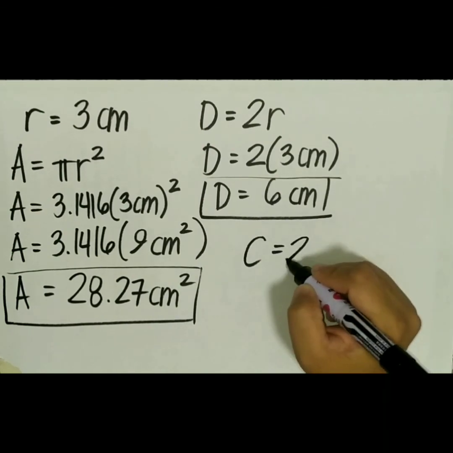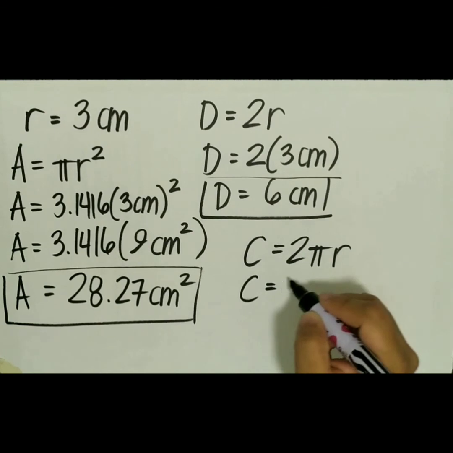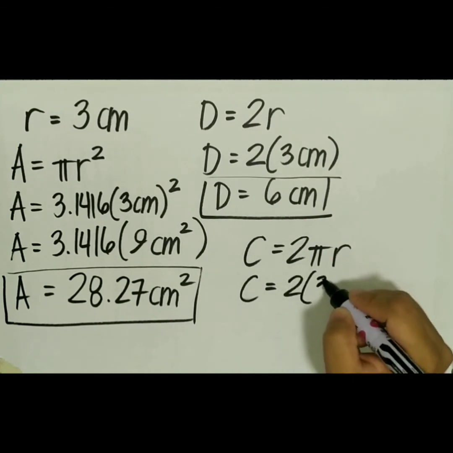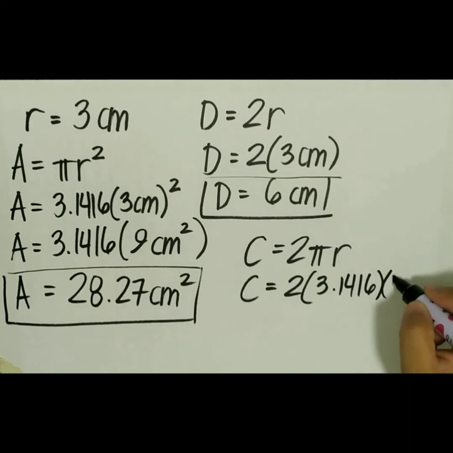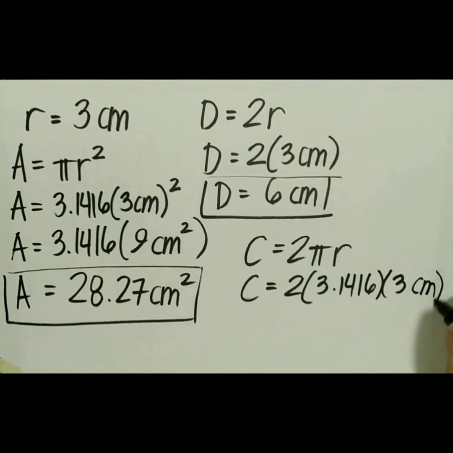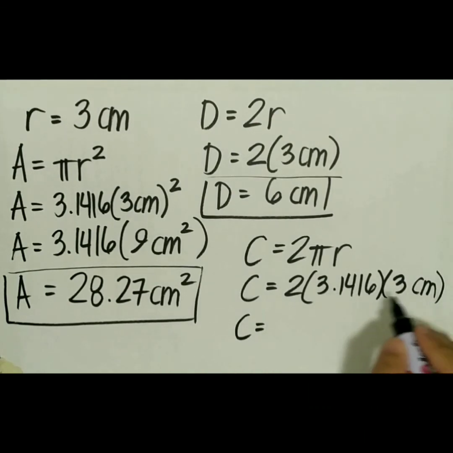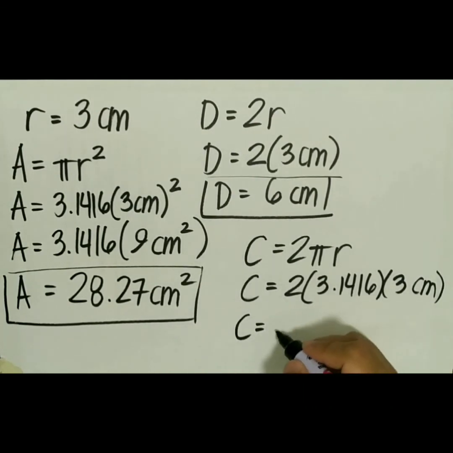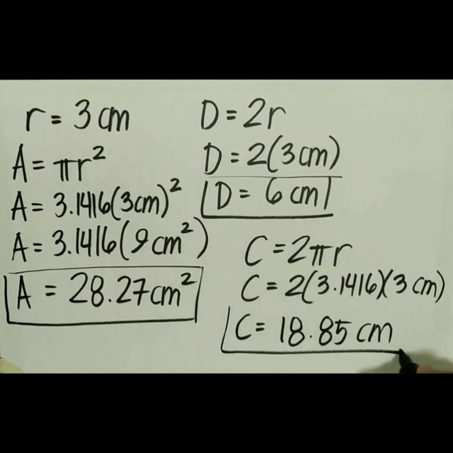Lastly, we have circumference equals 2 pi r. 2 times 3.1416 times 3 centimeters. So we will just multiply these three numbers so that we will have 18.85 centimeters for the length of the circumference of the circle.